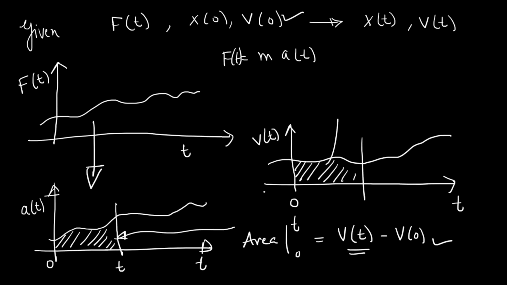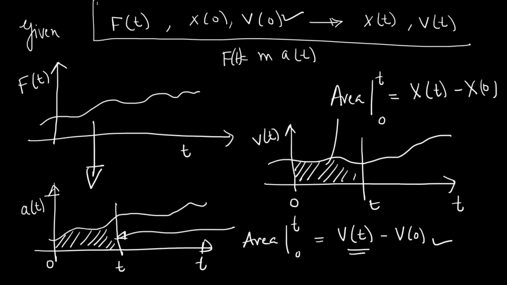This area from 0 to t on the vt graph is the final position at t minus the initial position, and therefore in principle we have solved the problem. So this was the problem, and it's solved.